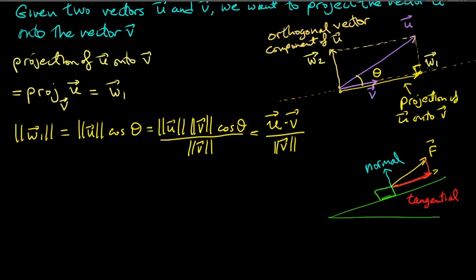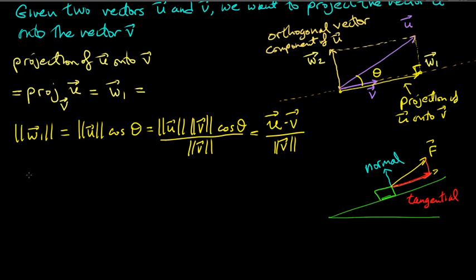So what if we want the vector W1, right? So how do we get the vector W1 up here? Well, what direction is W1 pointing in, right? It's pointing in the same direction as V, right?